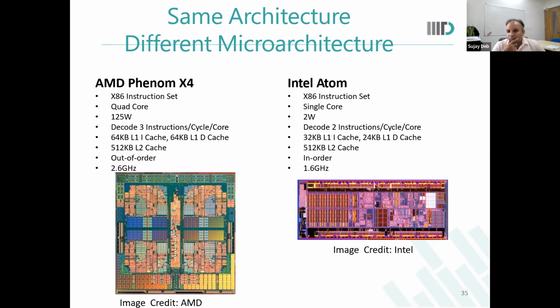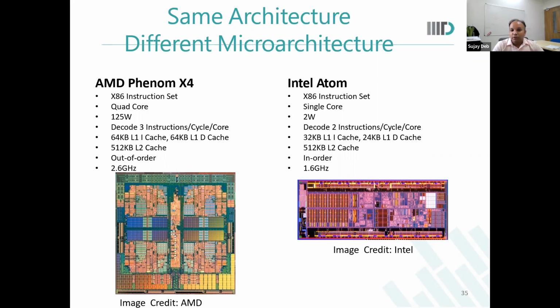This Intel Atom also follows the x86 instruction set ISA. But you see their performance and capabilities are very different. Whereas AMD is a quad core processor, Atom is a single core processor. AMD consumes 125 watts of power, whereas Atom consumes 2 watts of power.